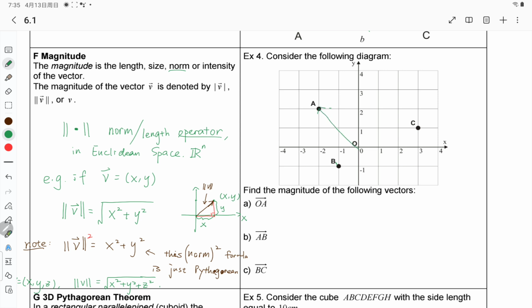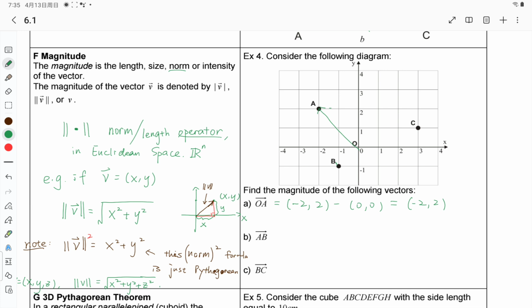We can first write out in the coordinate system the coordinate of A minus the coordinate of O. Since it starts from the origin, it's just (-2, 2). You can double check my answer, because I could make a mistake.